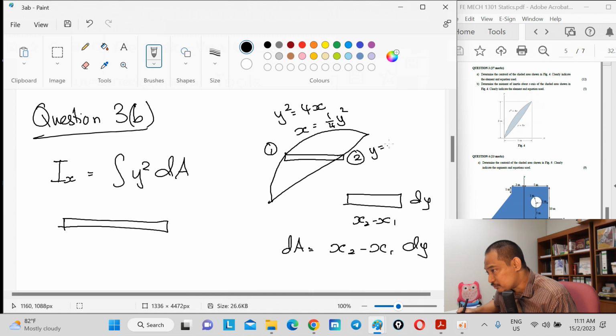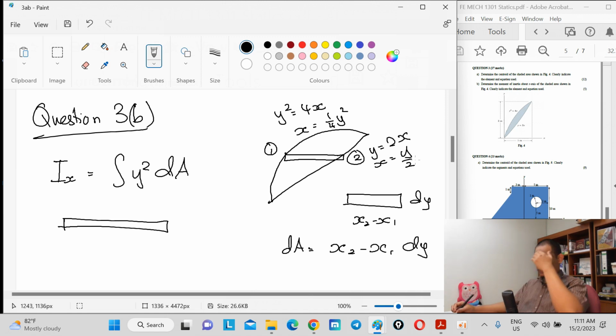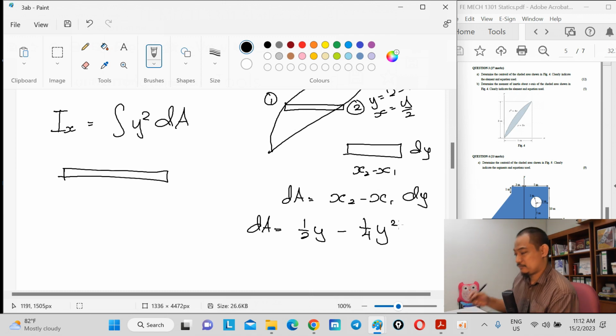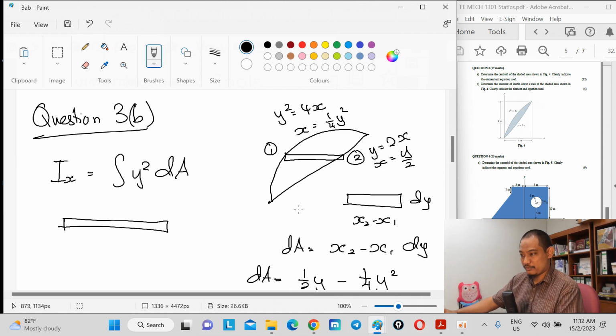This is y equals 2x, so x equals y over 2. Means dA is x2 is 1 over 2 y minus 1 over 4 y squared.